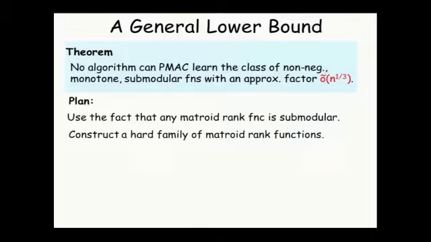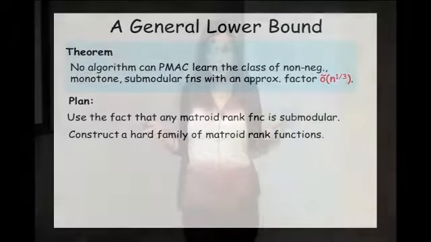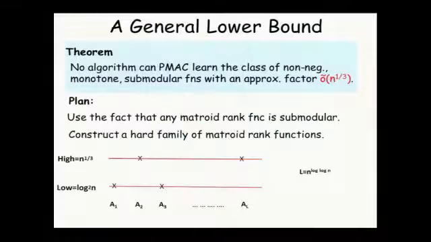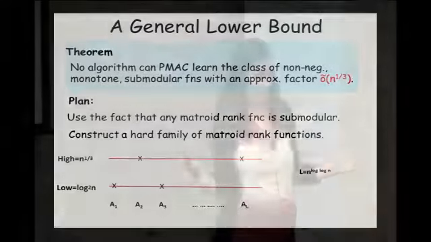The high-level idea of the construction is as follows. We're going to use the fact that any matroid rank function is submodular, and we're going to construct a new hard family of matroid rank functions with the following property. There exist sets A1, A2, ..., AL, which are subsets of the ground set, and there are super polynomially many of them. For instance, think of L as being n to the log n.